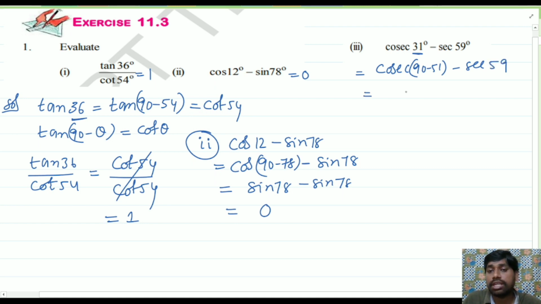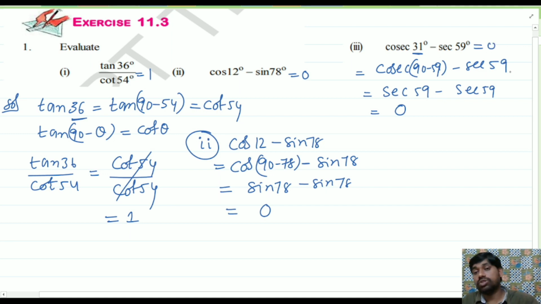Cosecant 90 minus theta becomes secant theta, so it is secant 59 minus secant 59. The difference of these two similar numbers becomes 0, so the answer is 0. From an exam point of view, you can do it directly: the difference of two complementary trigonometric ratios is 0, and the ratio of the two complementary trigonometric ratios is 1.